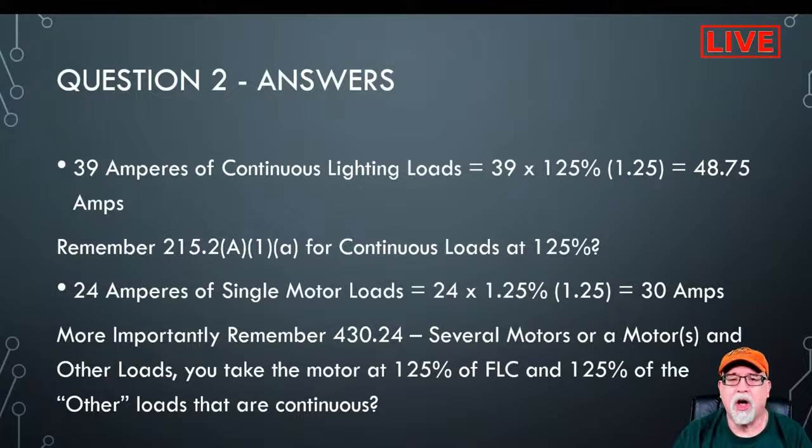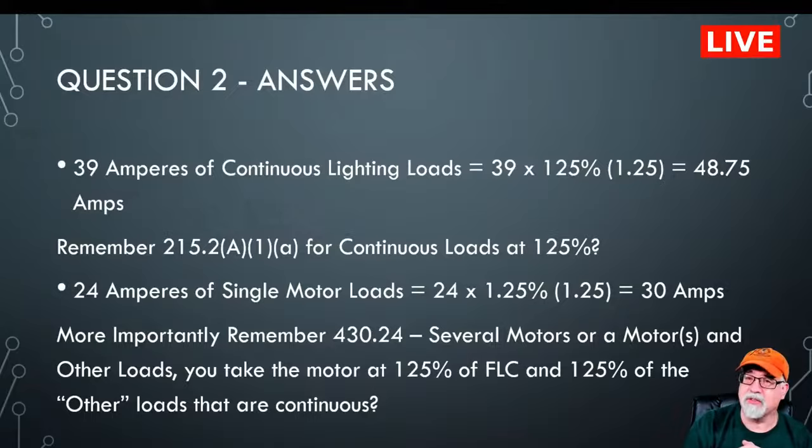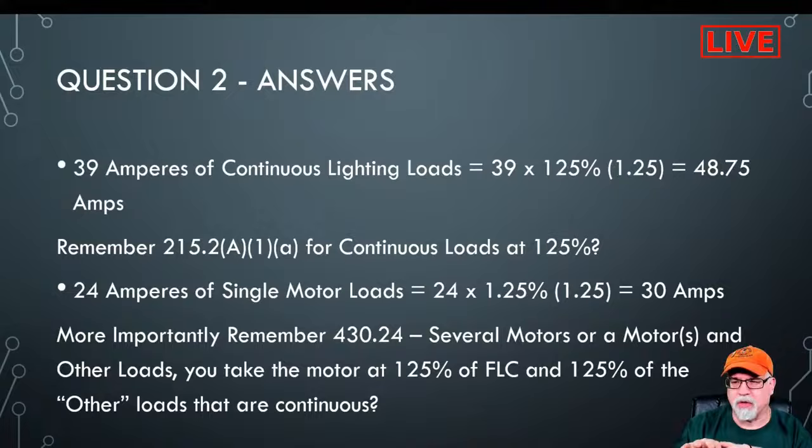Now remember, in feeders you have 215.2(A)(1)(a), which says you take all continuous loads at 125%. Of course, it also says take all non-continuous loads at 100%, so you would add the two. Let's forget the motor right now.